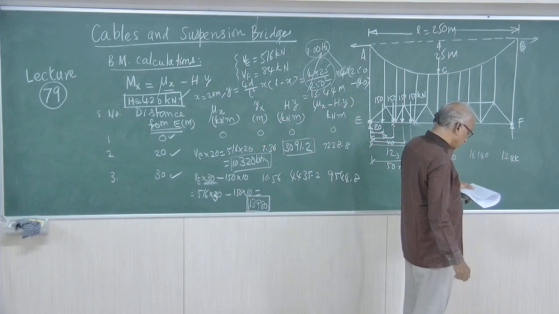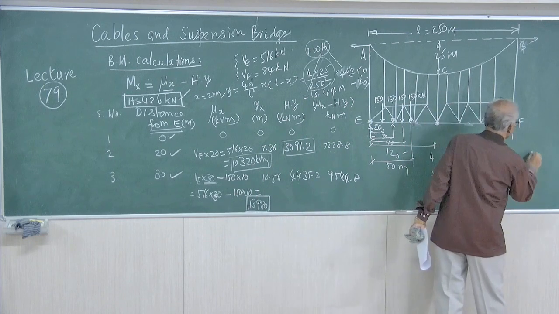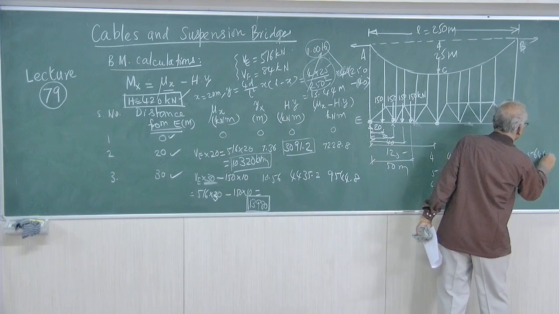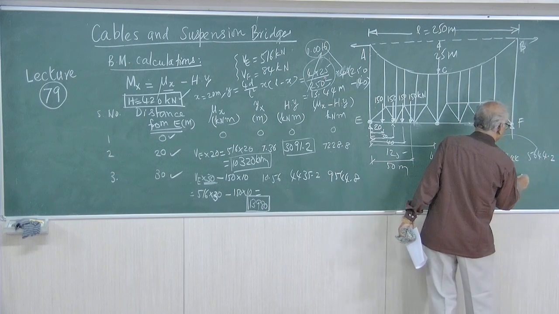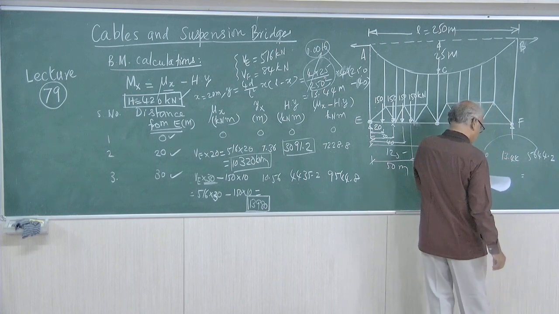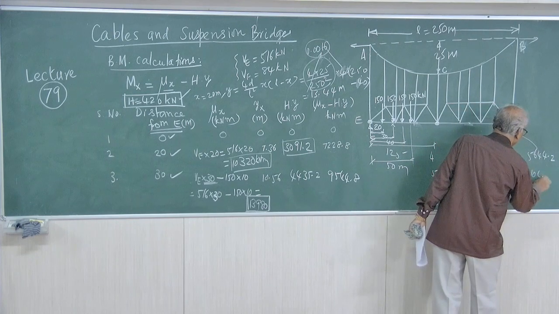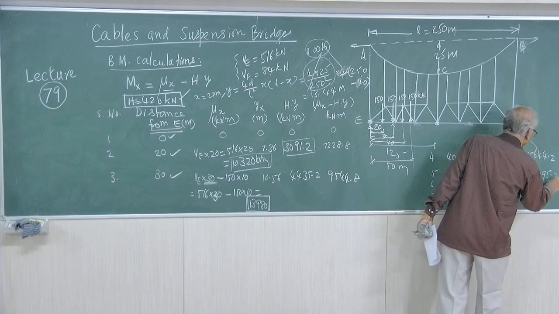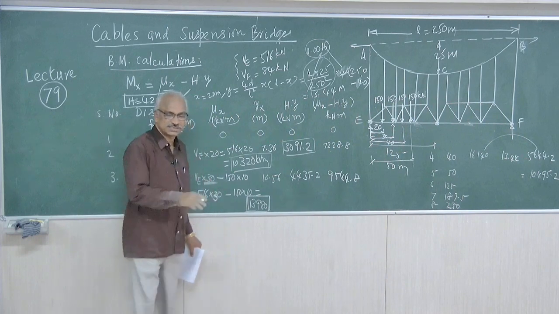So H into y is equal to 5644.2, and this minus this will be the net value, equal to 10495.2. So like this, other values can be calculated.